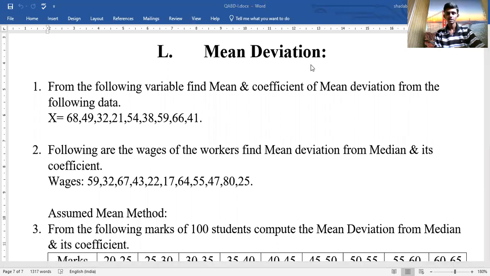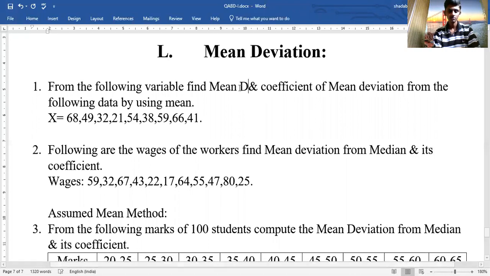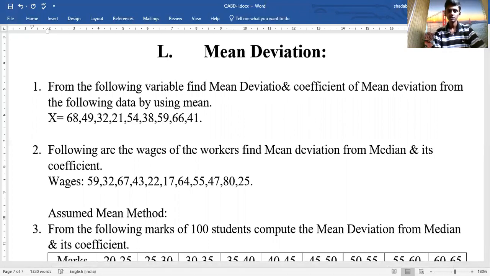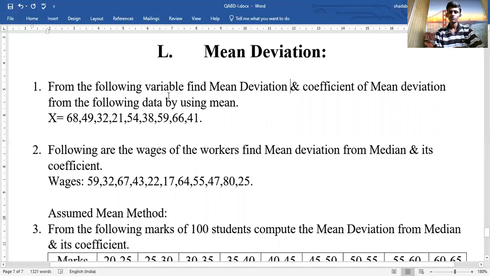The first question will be: from the following variable find mean deviation and coefficient of mean deviation from the following data by using mean.